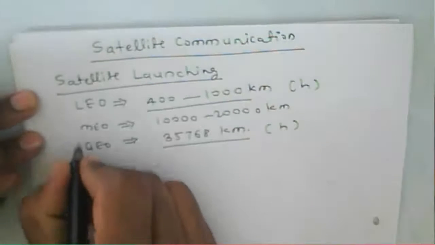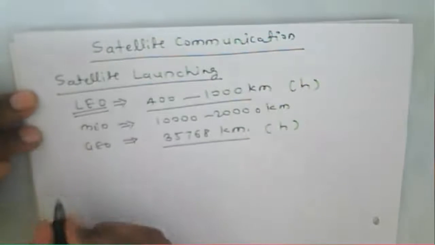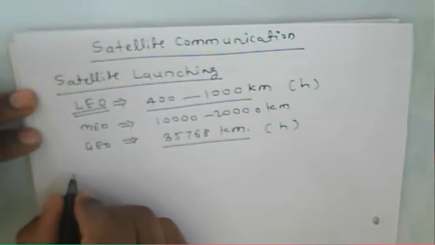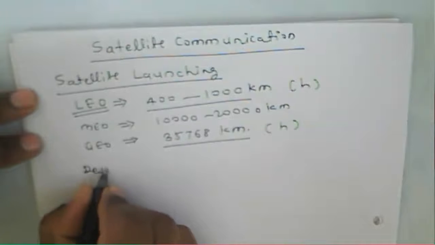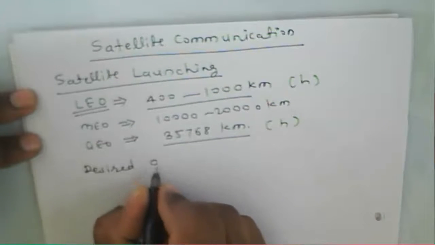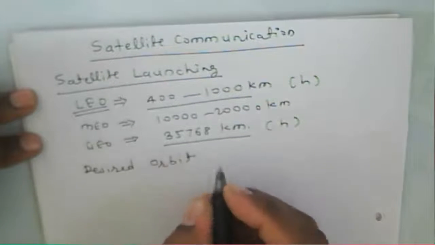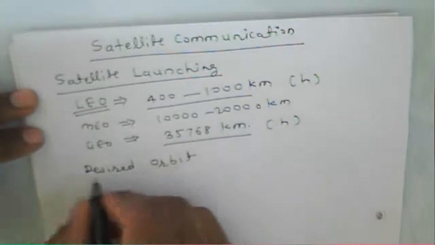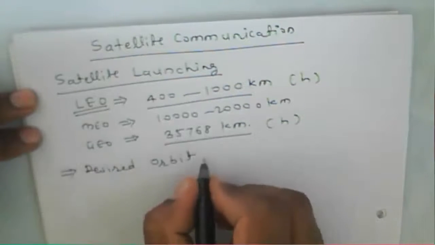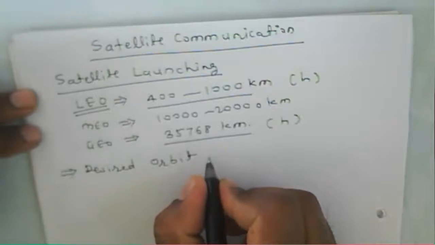Now, to place a low Earth orbit satellite, the desired orbit altitude is small.